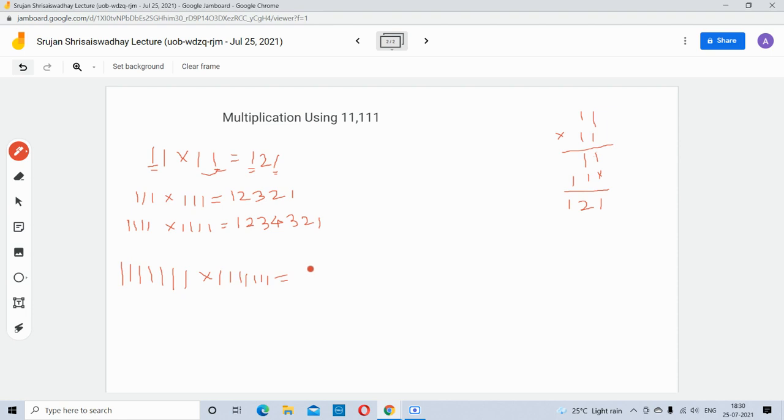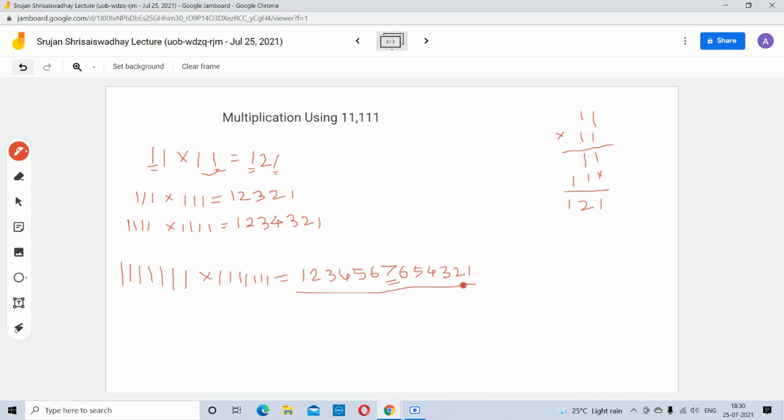The multiplier and multiplicand are the same, so I simply write 1, 2, 3, 4, 5, 6, 7. Then my answer is reversed: once the maximum number is reached, 7, 6, 5, 4, 3, 2, 1.